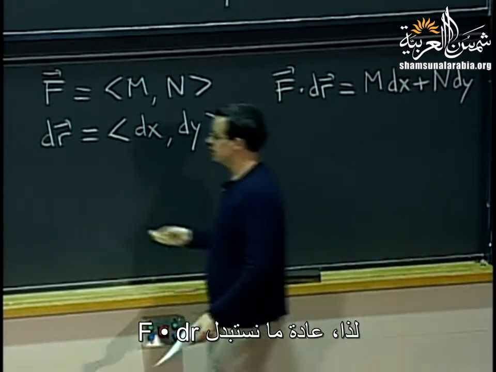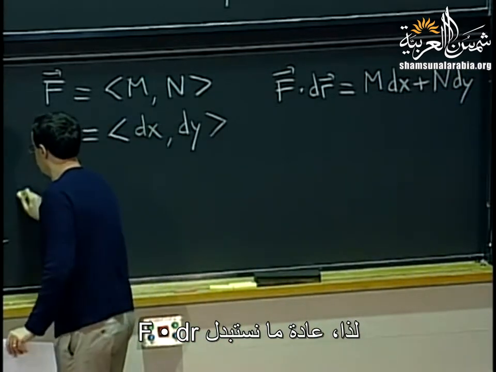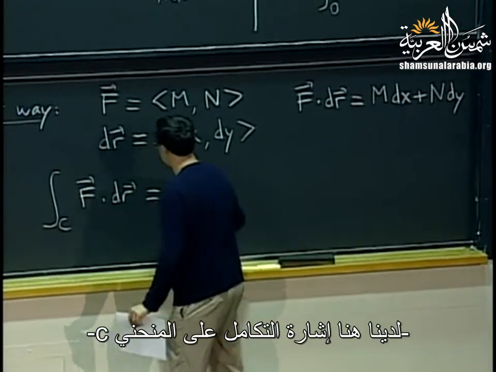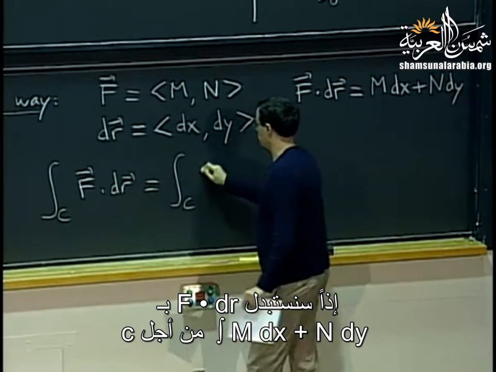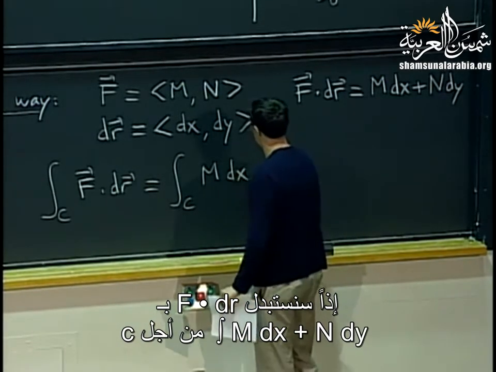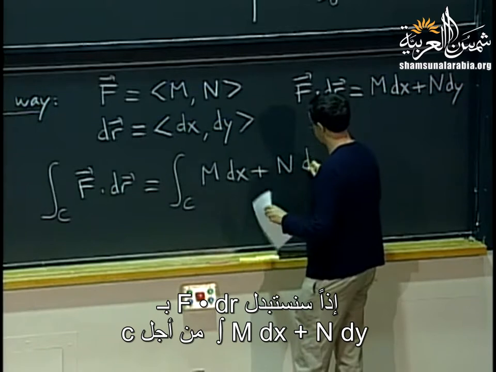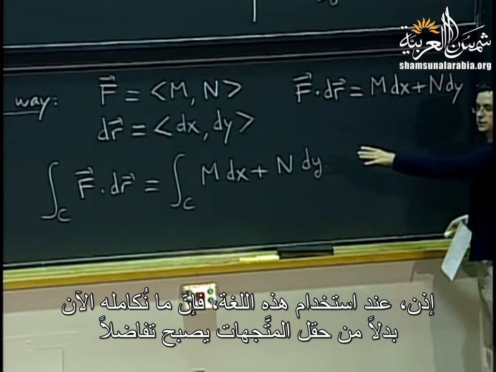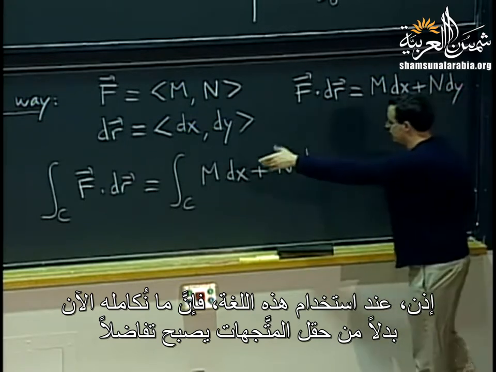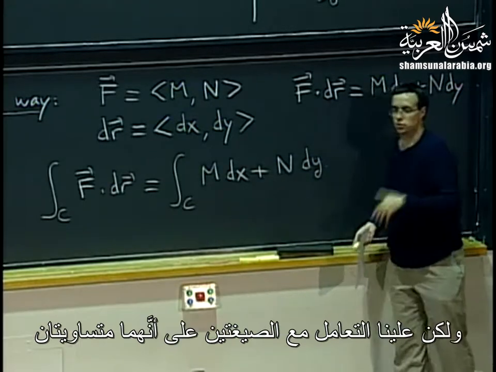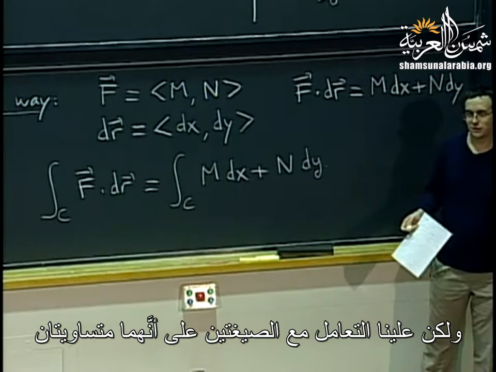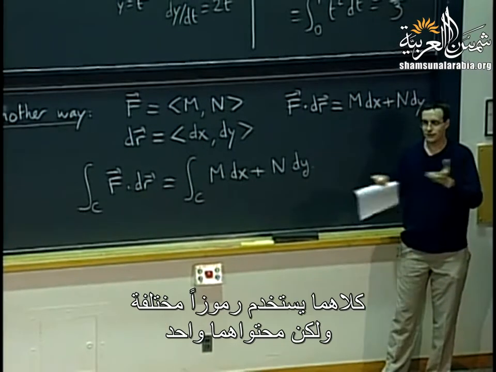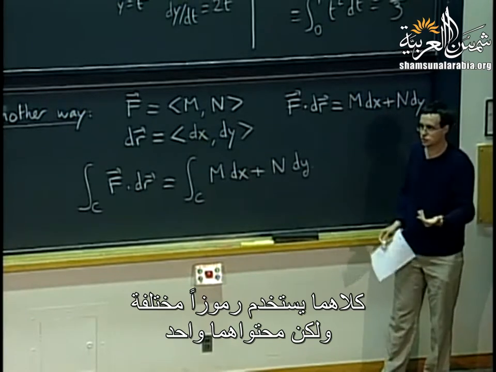And so, in fact, we'll very often write, instead of F dot dr, the line integral along C of M dx plus N dy. And so in this language, what we're integrating now, rather than a vector field, becomes a differential. But you should think of the two as being pretty much the same thing, right? It's like when you compare the gradient of a function and its differential. They are different notations, but they have the same content.